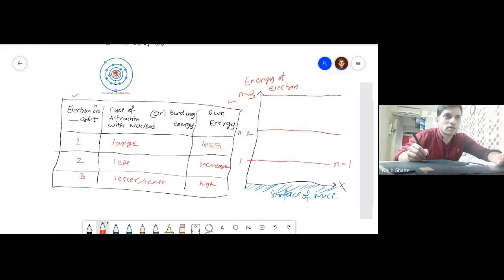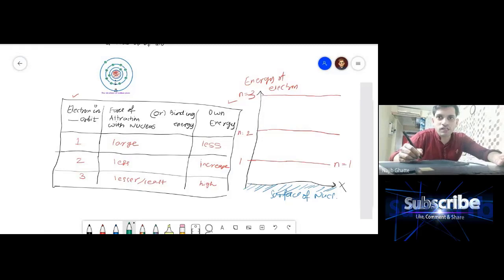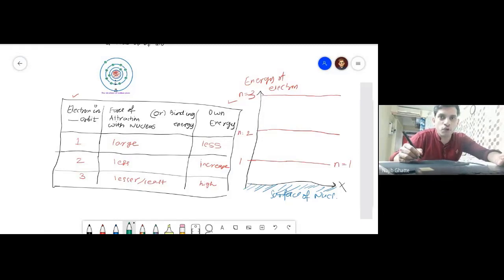Fine. Now, let me ask a very simple question. Suppose I want an electron. Why do we want an electron? So that I can make that electron flow as per the influence of the applied electric field or the applied magnetic field. Do you think an electron in the first orbit will follow the trajectory that I want?